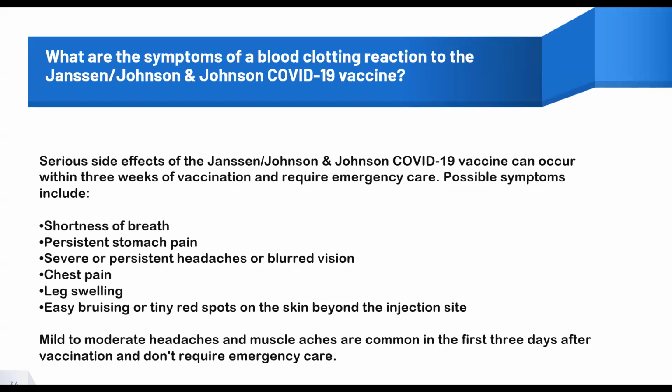Mild to moderate headaches and muscle aches are common in the first 3 days after vaccination and would not require emergency care. So, kung 3 araw pa lang at masakit, may mild headache and muscle aches ka sa site ng injection, normal lang daw yon.